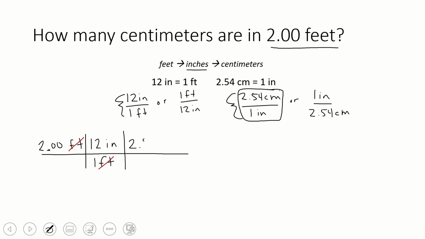So 2.54 centimeters over 1 inch. I'm then going to cancel my units of inches and be left in units of centimeters. And so I'll plug this into my calculator and get a value of 60.96 centimeters.